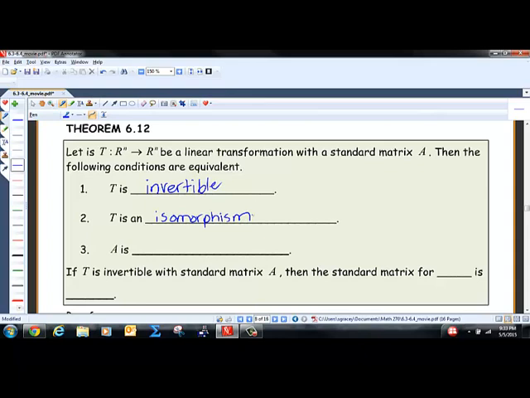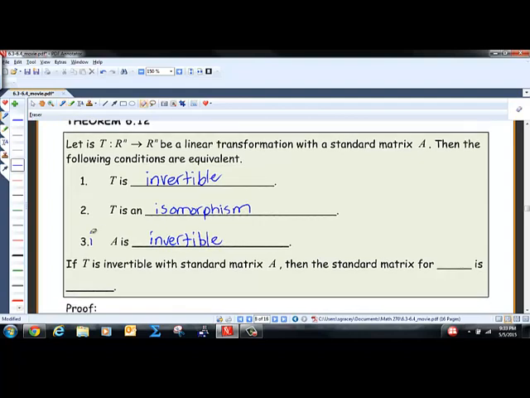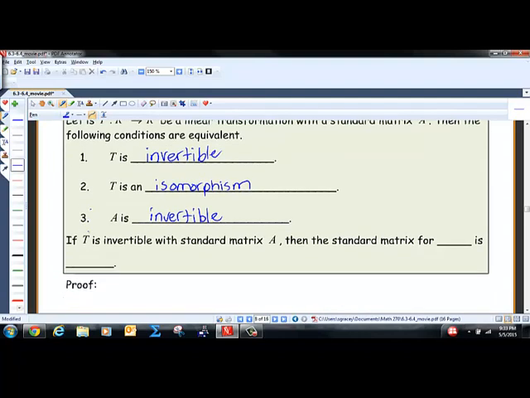Good. So we'll also have that A turns out to be invertible. Alright, so if T is invertible with standard matrix A, then the standard matrix for T inverse is going to be A inverse. So that's pretty groovy.